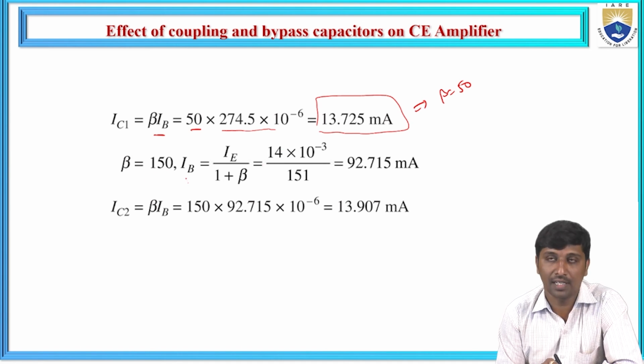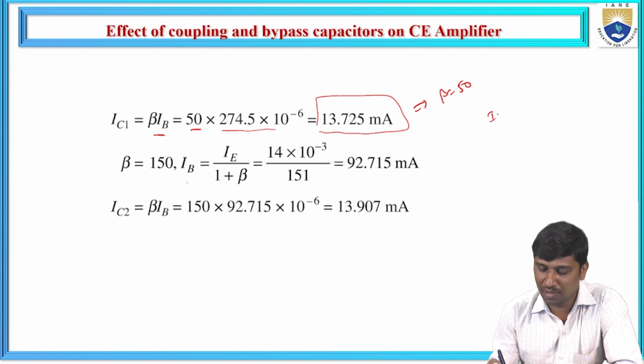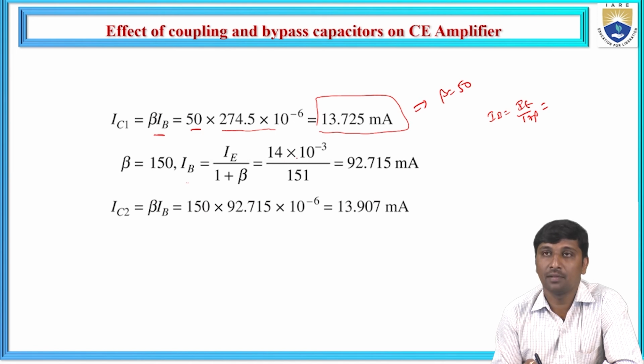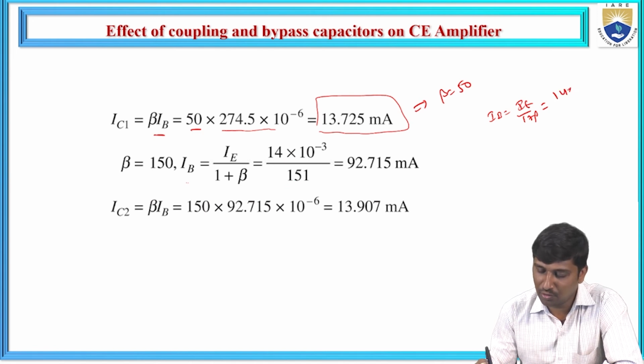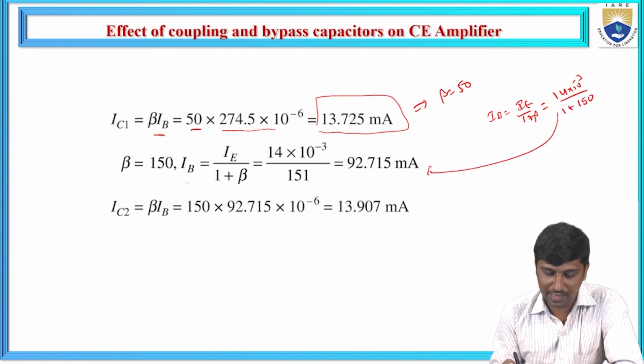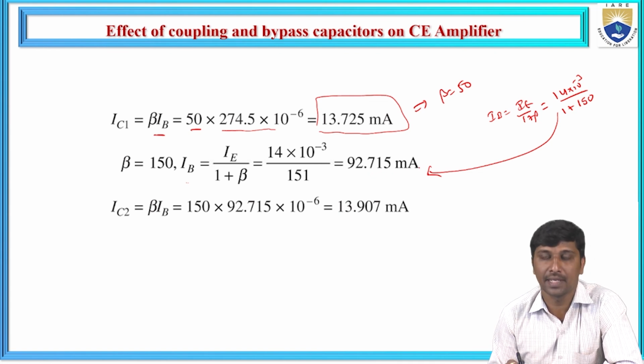Now we need to calculate when beta is 150. First we need to find IB. We observed IB is equal to IE by 1 plus beta. So IE is 14 milliamperes, that is 14 into 10 to the power of minus 3, by 1 plus beta, where I take beta as 150 here. Under this condition, the base current is 92.715 microamperes.